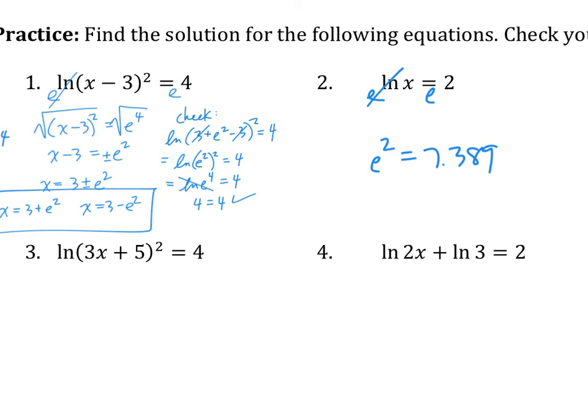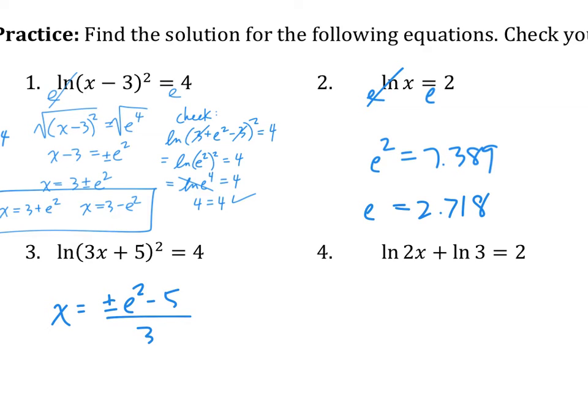So if you need to graph or for any reason you actually need to find e, e to the 1st, or just e, what is e? 2.718. Okay, so number 3, x is equal to plus minus e squared minus 5, over 3.